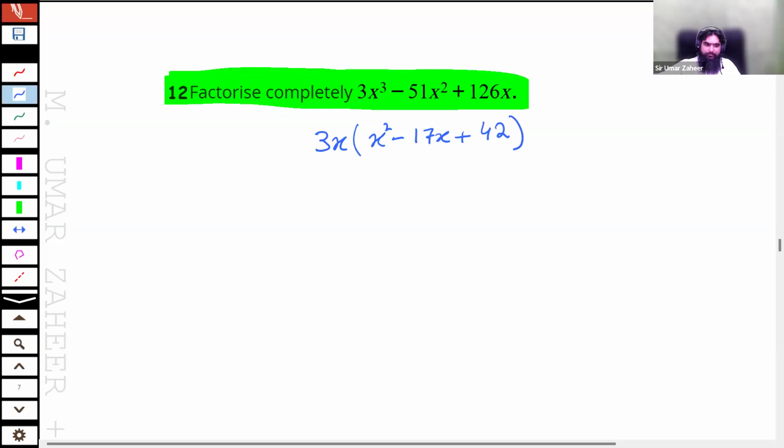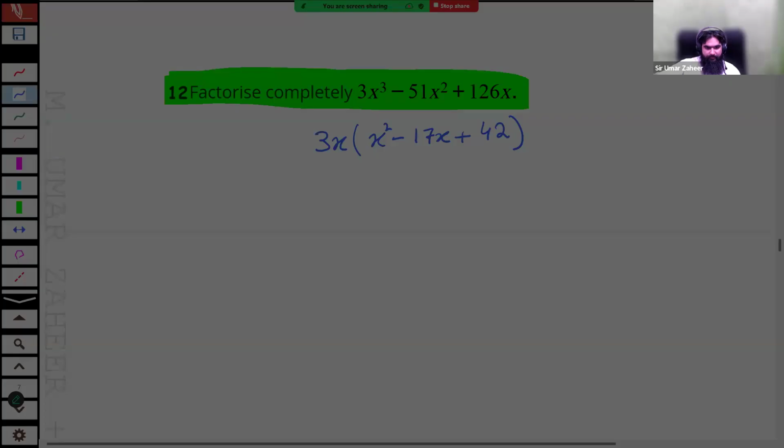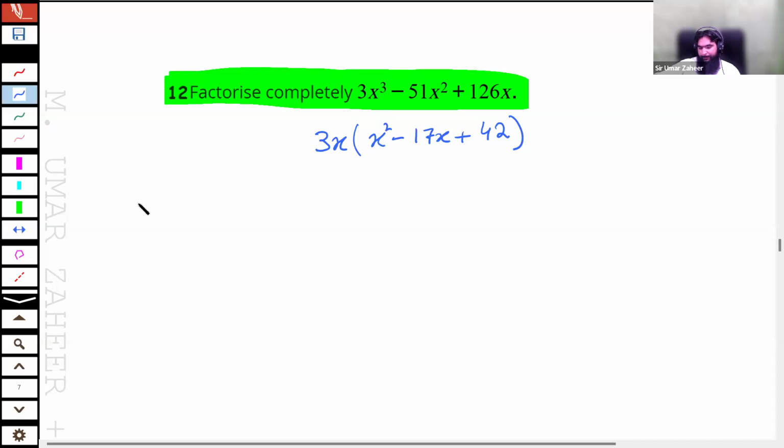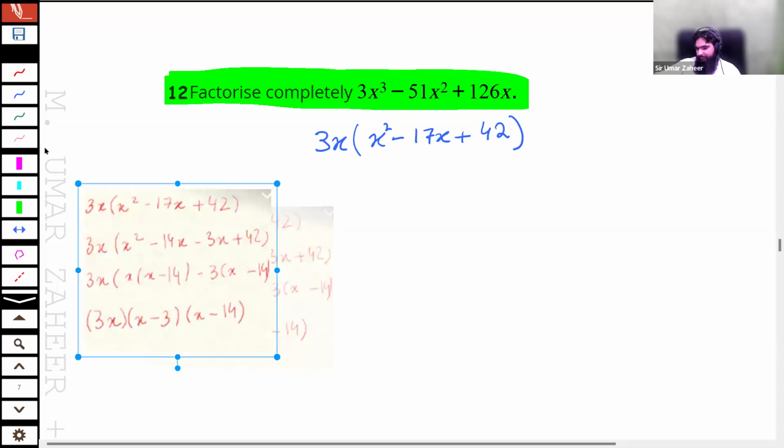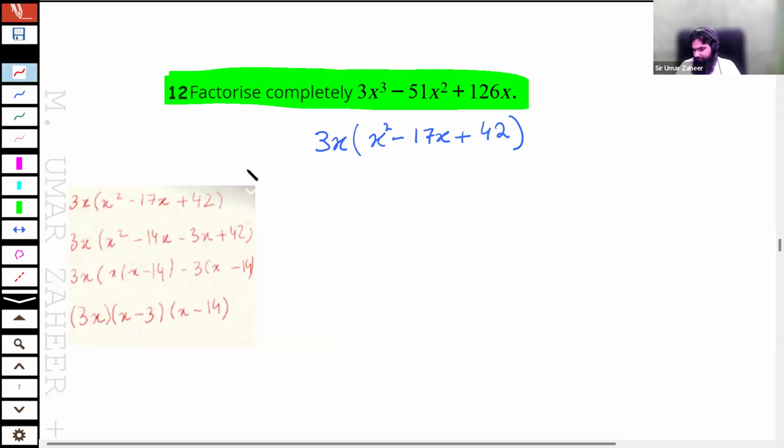It is going to be easier now. Yeah, that's it. All right, Mustafa, Ishal, please send a picture.